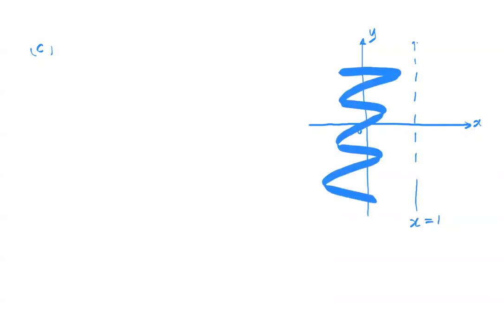That's why it says describe what happens when it approaches 1 from the left. So I have to choose an x value which is very near 1, but less than 1. So I will say as x approaches 1 from the left.